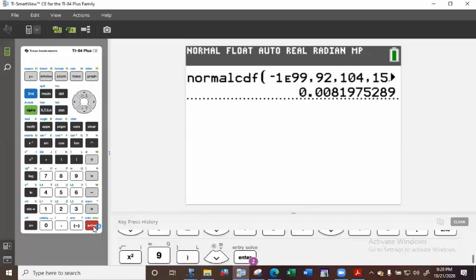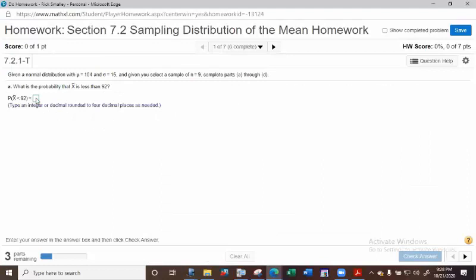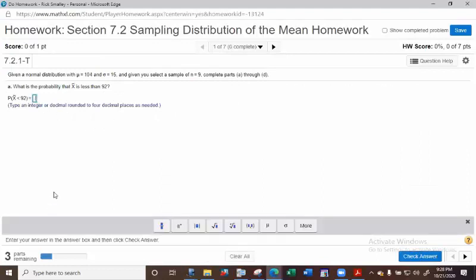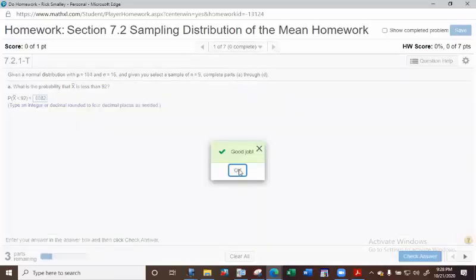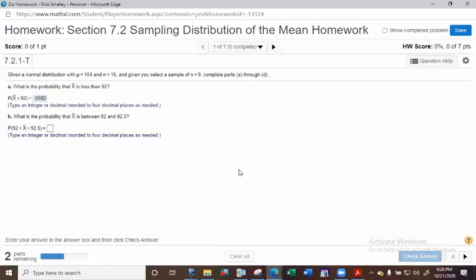And I'm going to go with 0.0082 and see how that looks. Tremendous. There we go.